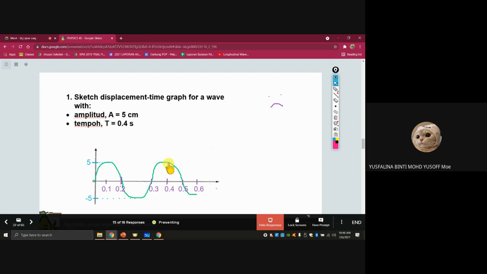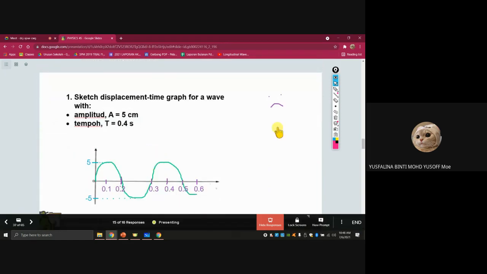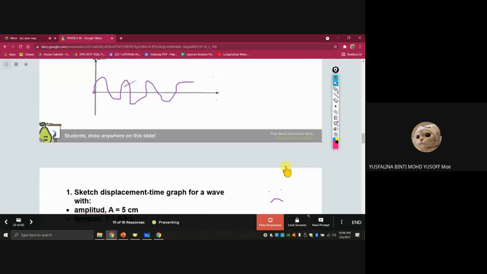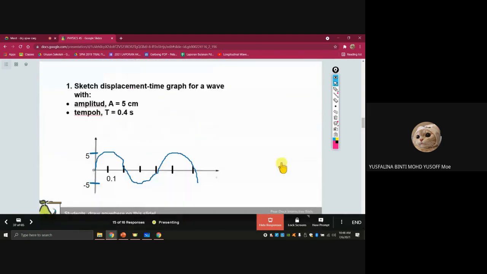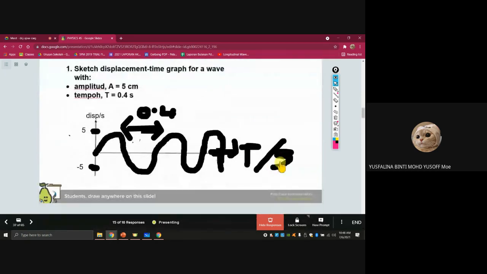It means you're missing something here. What about here? There's no scale here, right? Maybe you put the scale wrong. So what happened at the middle here? Why suddenly the phase? Wow, so big.